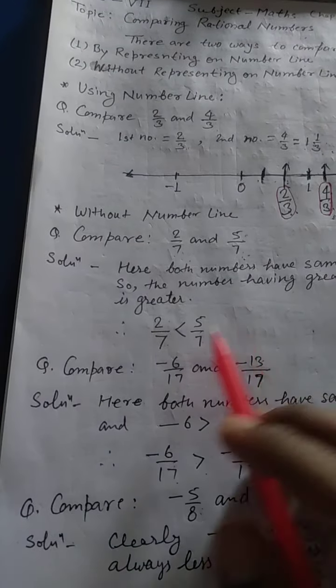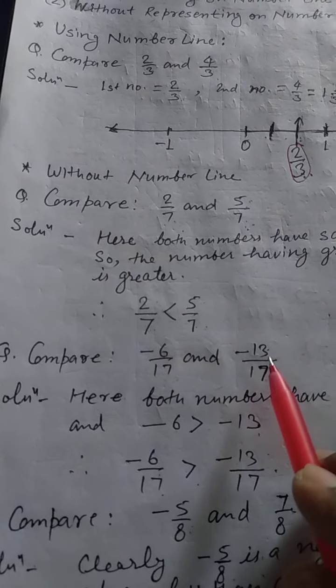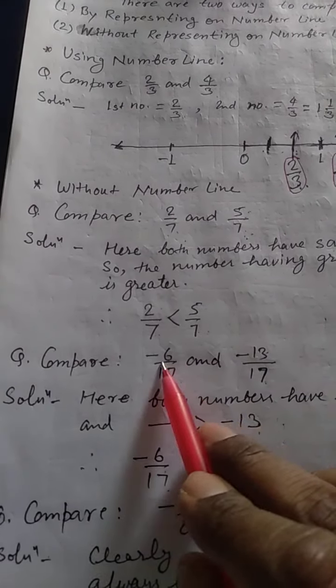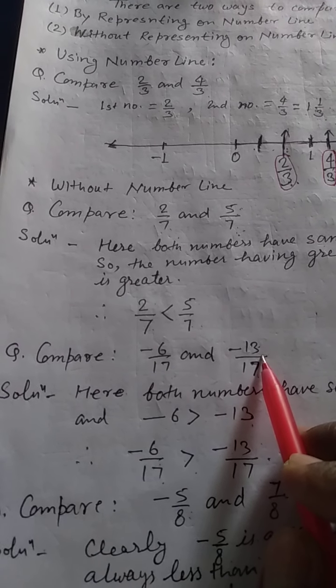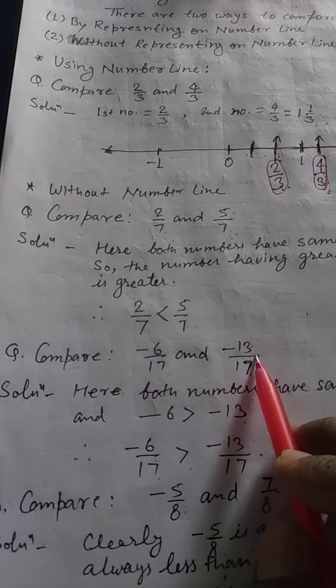Again, for the next example, compare minus 6 by 17 and minus 13 by 17. You know, these are negative numbers, and for negative numbers, the negative sign shows whether the value is greater or lesser.